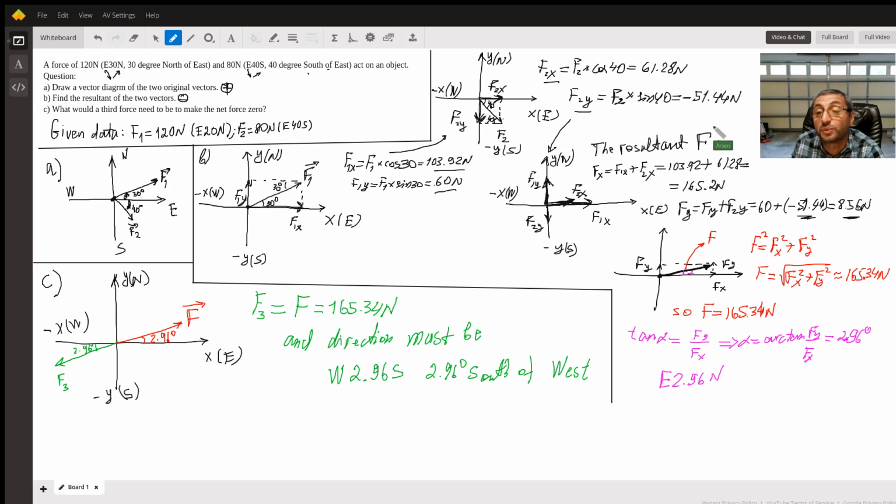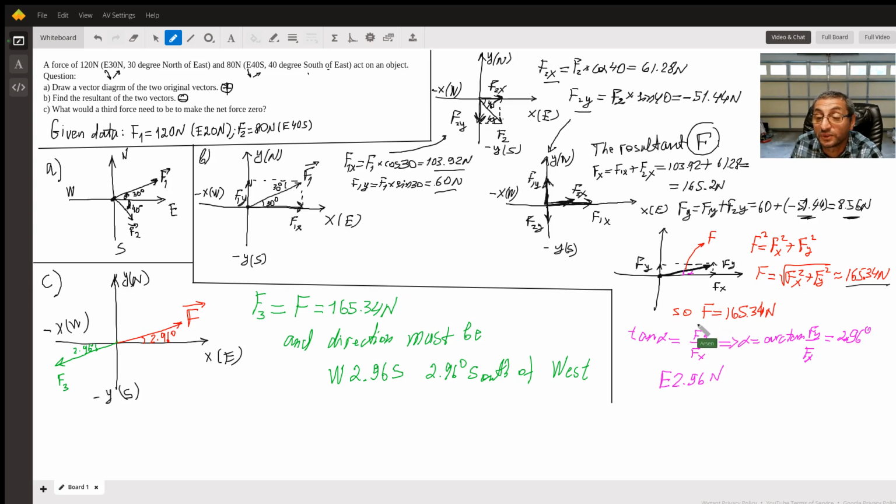Now, in order to find the resultant force F, from this right angle triangle we can say, using the Pythagorean theorem, F squared equals Fx squared plus Fy squared, the hypotenuse squared. So F will be the square root of these components squared, and then we will find 165.34 newtons. So the magnitude of the resultant force we found.